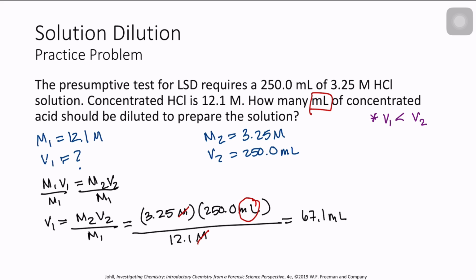And that's because we're taking a small amount of our stock solution to make a dilute solution. And we're going to be adding water to our stock solution. M1 should always be greater than M2. This is a dilution problem, solution dilution. So whatever concentration I'm starting with, it should decrease.